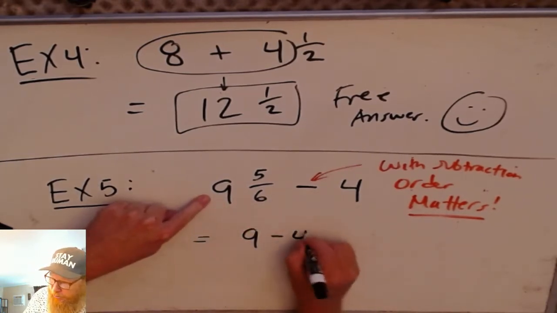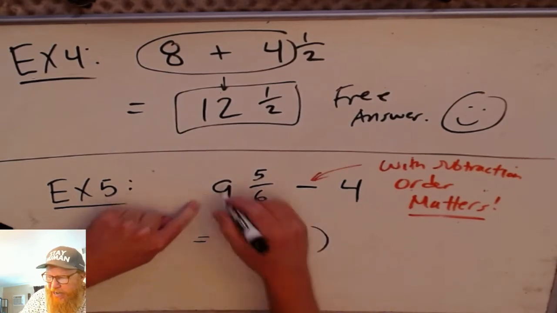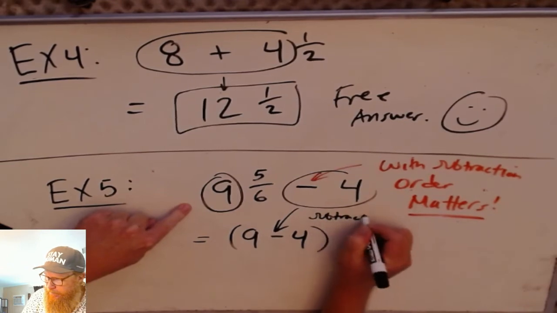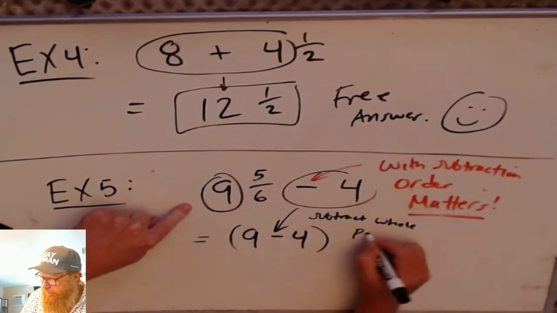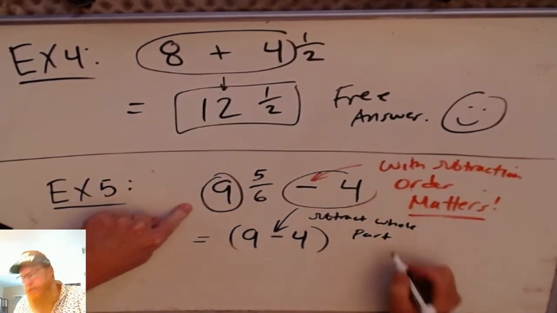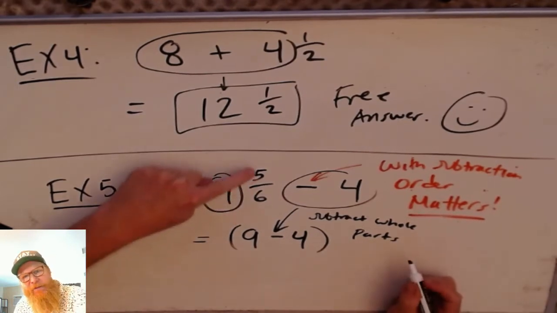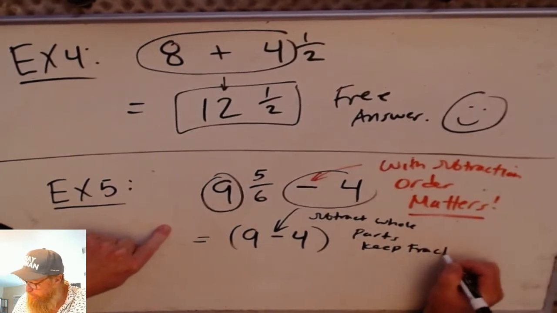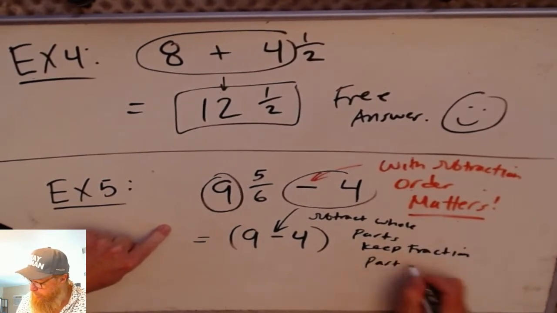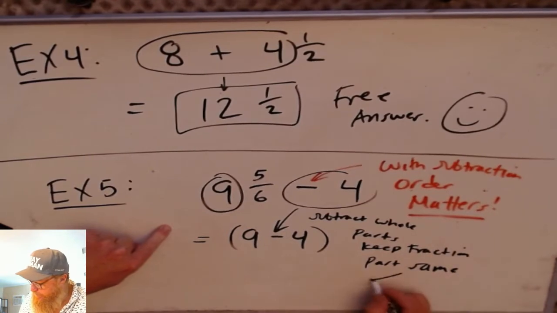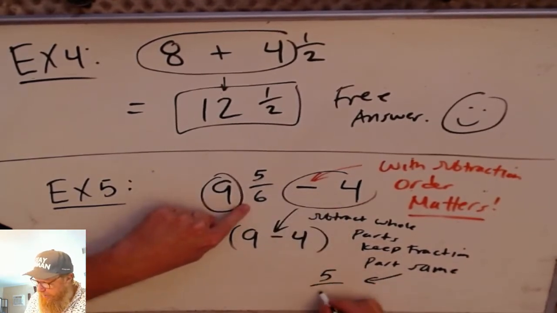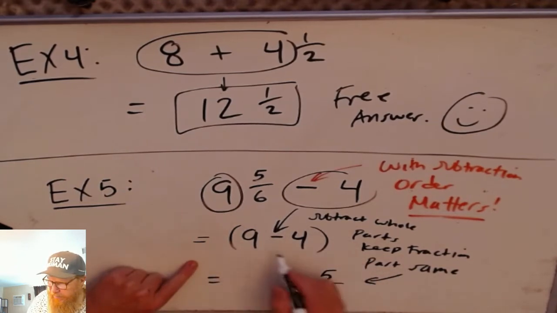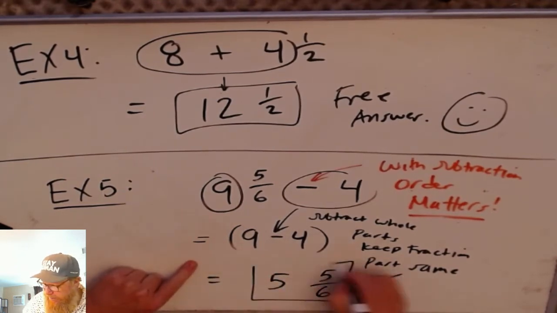You subtract the 4 from the 9, and keep the fraction the same. So the fraction part is still 5/6, but the whole part is 9 minus 4, which is 5.